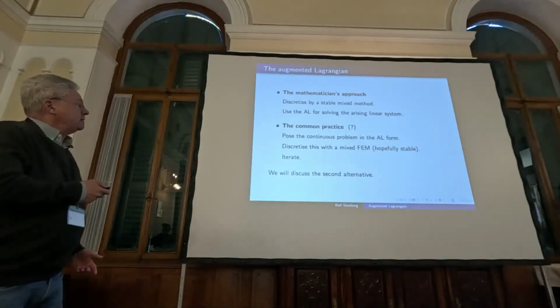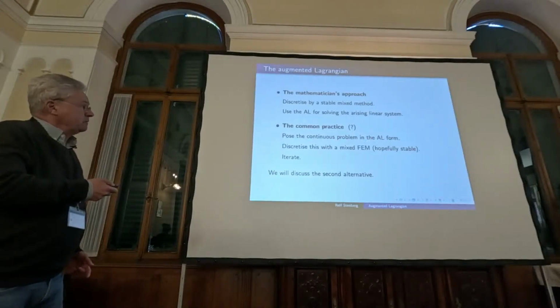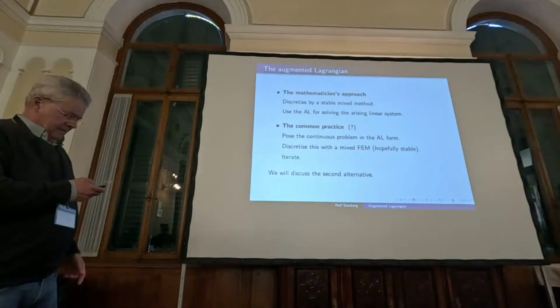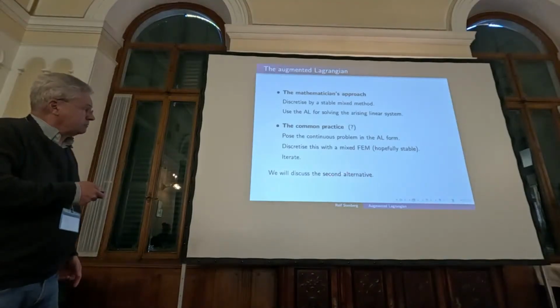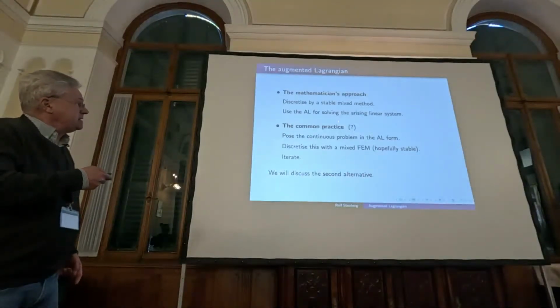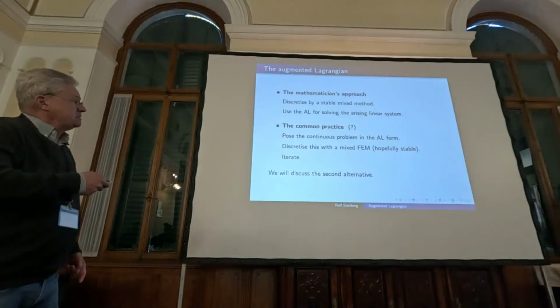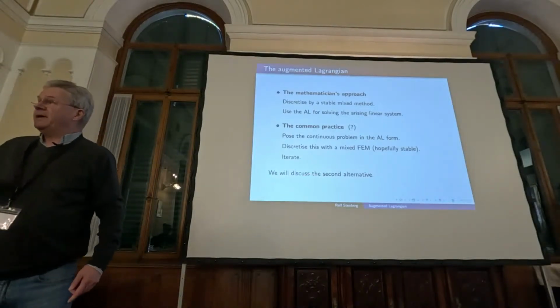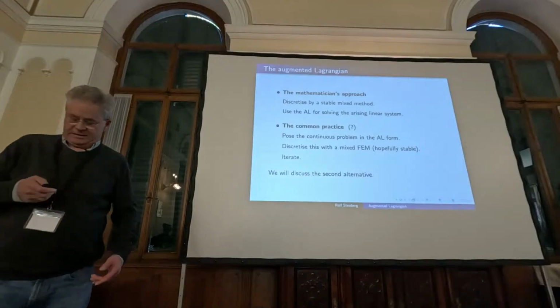Suppose you take the continuous problem in the augmented Lagrangian form, discretize it with a mixed method, hopefully stable, and then iterate. What I found out immediately is that for this alternative there is no mathematical analysis, and you really need it.